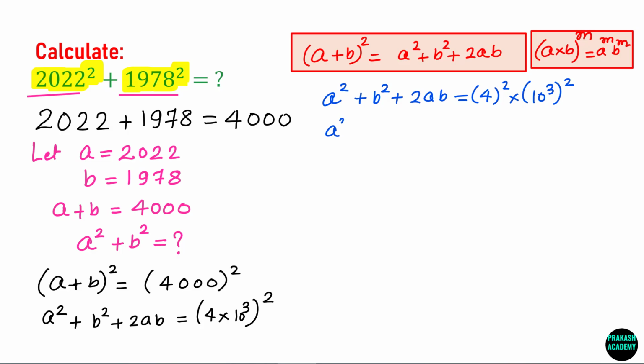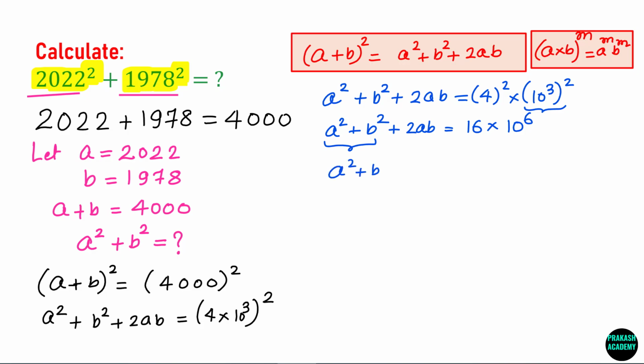So A square plus B square plus 2AB is equal to 16 times 10 to the power 3 whole power 2. Basically this will become 10 raised to the power 6.